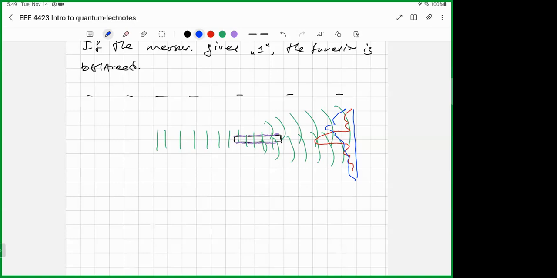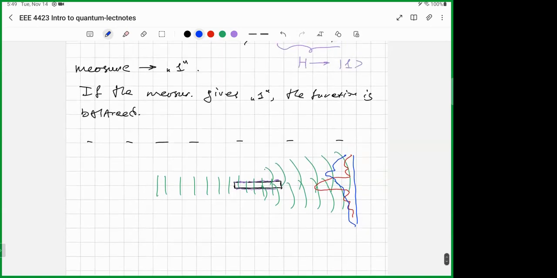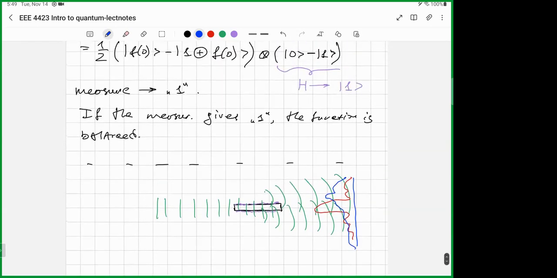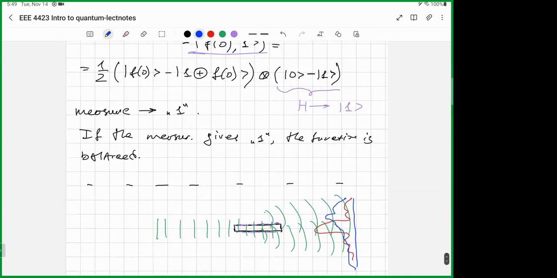So it's a nice demonstration of how the property of interference, the property of coherence, allows more efficient calculations or measurements, for example.